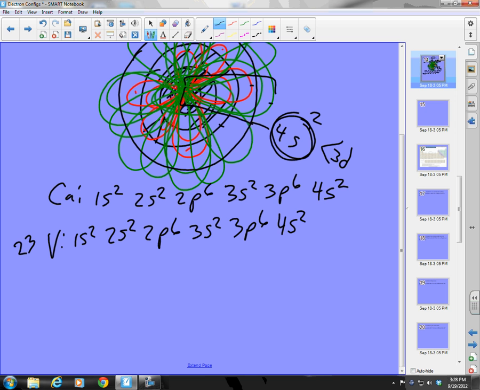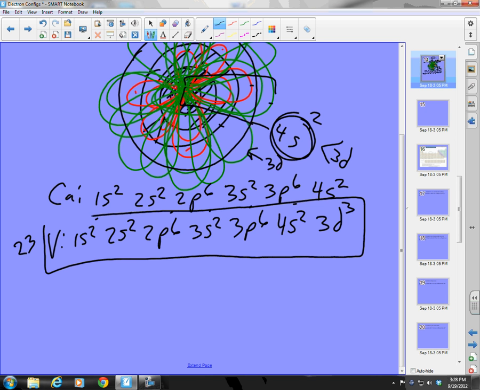Now what comes next? This is where we can go with our 3d's because our 3d's are closer than our 4p's. So now I go 3d, and how many do I need? 2, 4, 10, 12, 18, 20, 3. So vanadium is 1s2, 2s2, 2p6, 3s2, 3p6, 4s2, 3d3.